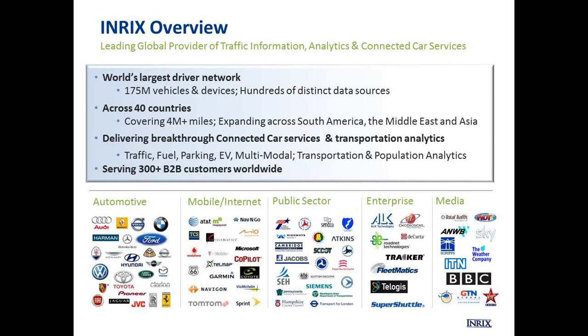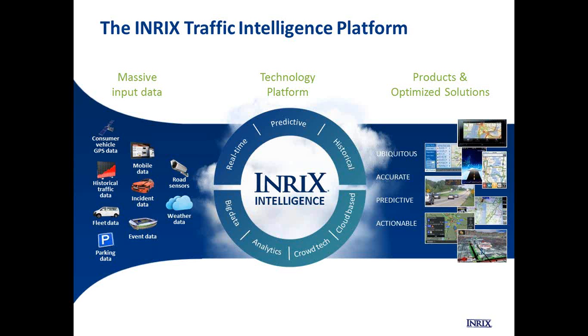So the core of what we do is built on our traffic platform, our technology platform. It's a powerful fusion engine that pulls in many disparate data sources and essentially turns a lot of raw data into useful information. There are several parts to it.